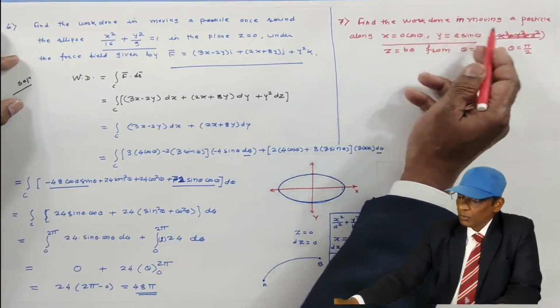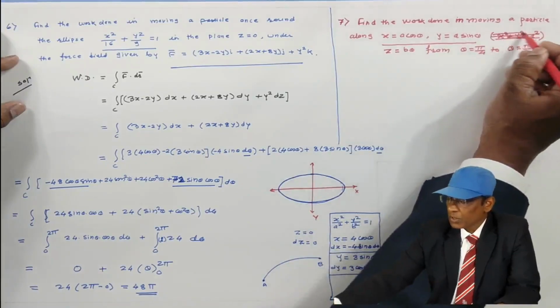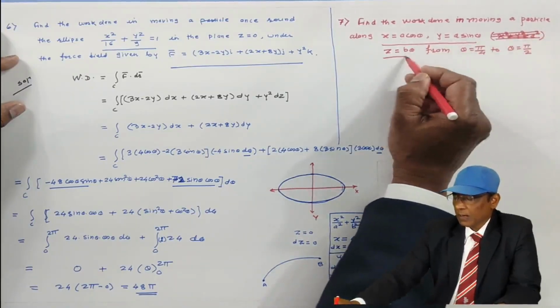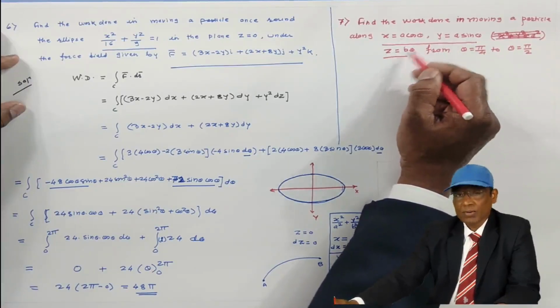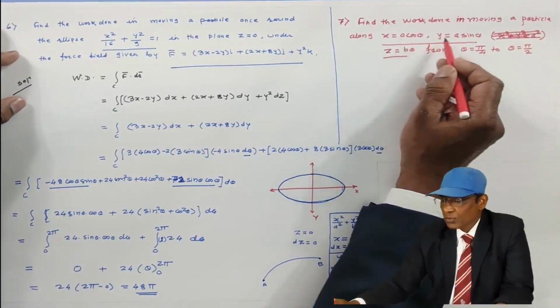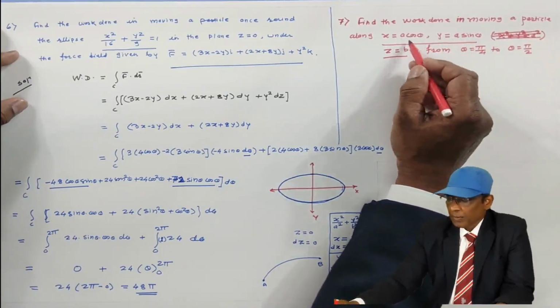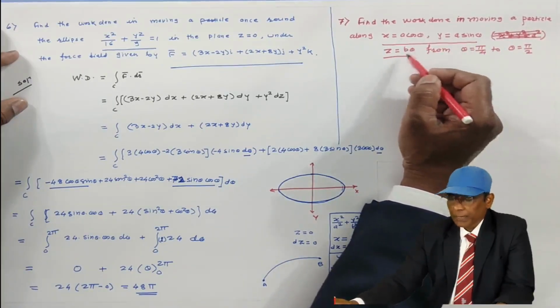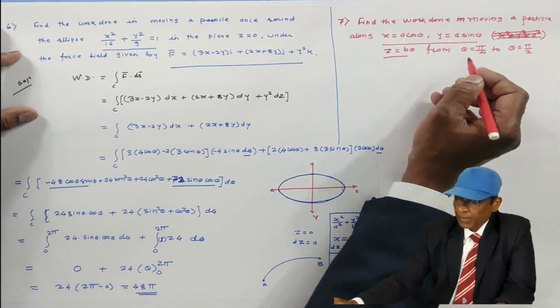Because one additional thing is there: z equal to b theta in the equation of the curve. If only these two things are given, then it is the equation of a circle. If these three things are there, then it is the equation of a curve from this point to this point.